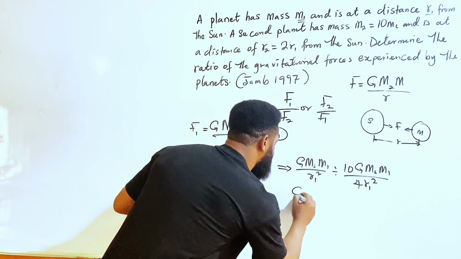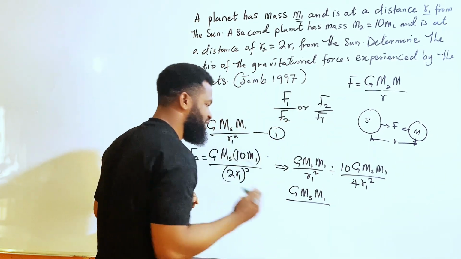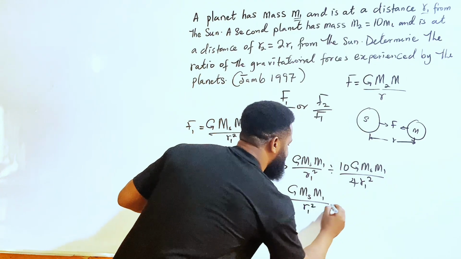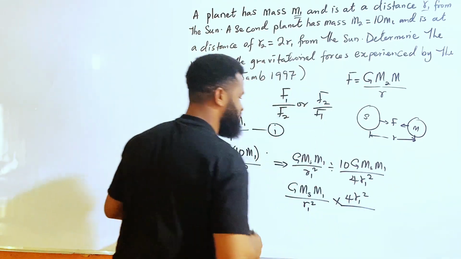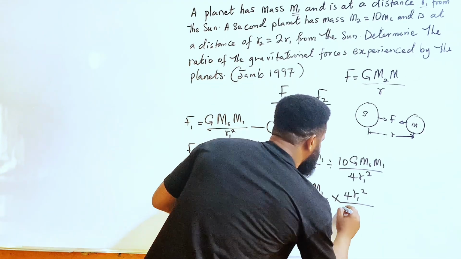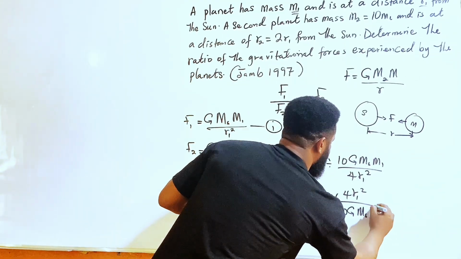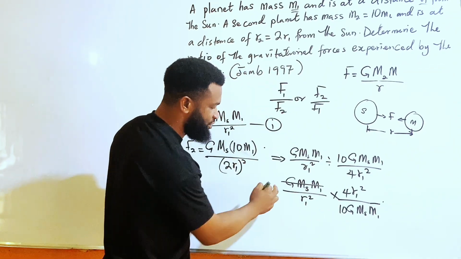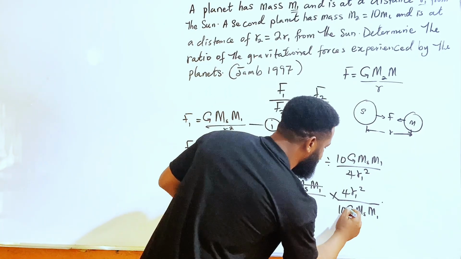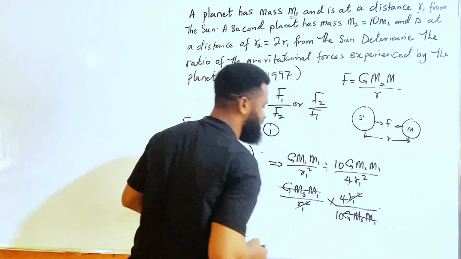So I'm going to have G ms m1 over r1 squared, times 4r1 squared over 10 G ms m1. Remember, G ms m1 is going to cancel with this one. Then r1 squared also cancels with this r1 squared.